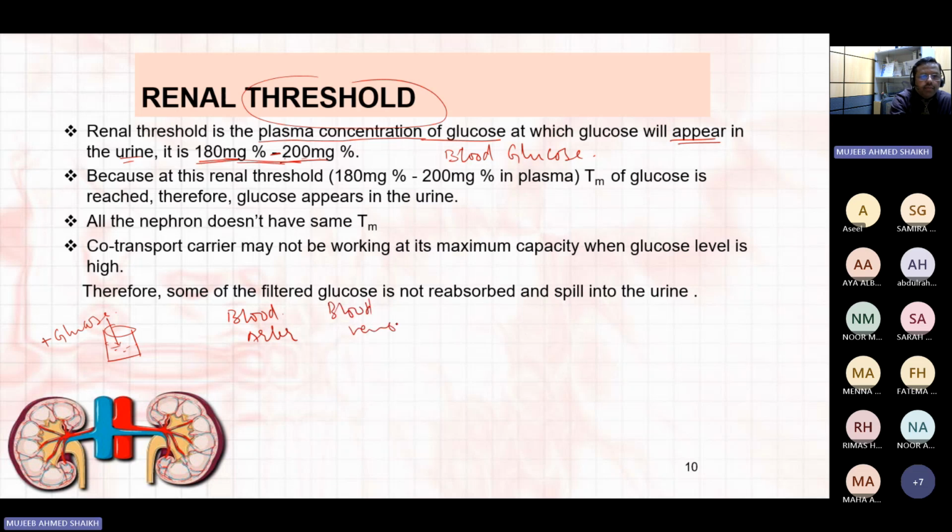Venous and arterial blood have little different values, not much. That's why we have to take the range. So if the blood glucose level is in the range of 180 to 200, then the urine will become positive for glucose. That means the tubular maximum will be reached at this time. So this is called the renal threshold.